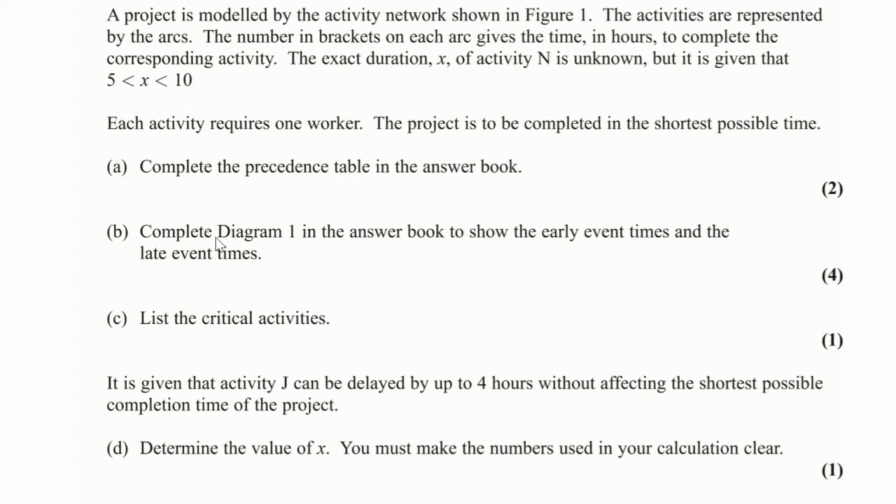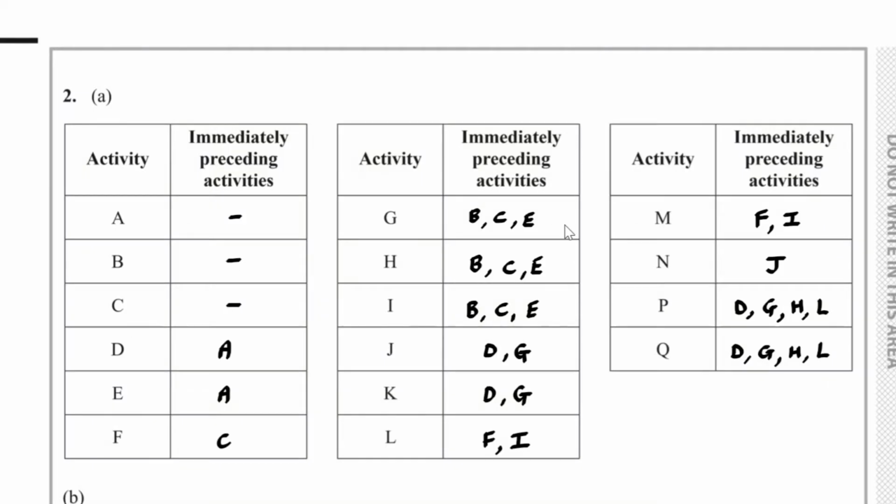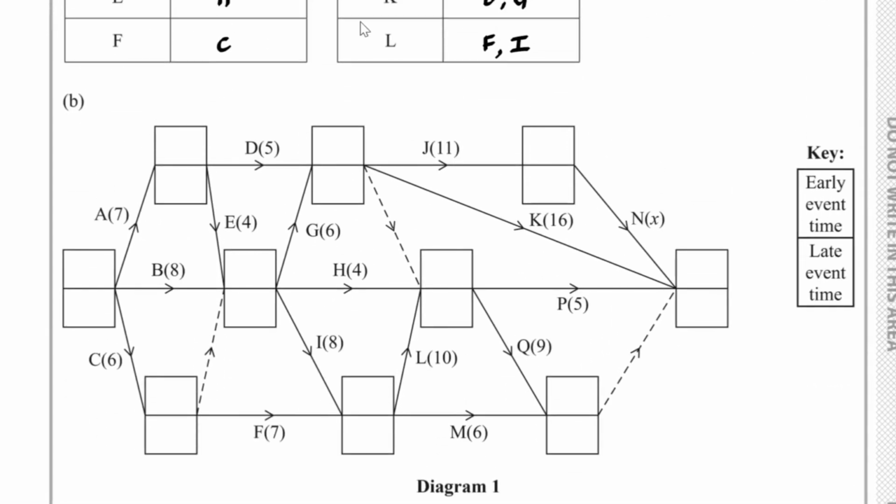For part B, we have to complete diagram 1 in the answer book to show the early event times and the late event times. Here is diagram 1. Going into A, we have the source, which has 0 for the early event time, and then 0 plus 7 is 7. So 7 goes here.